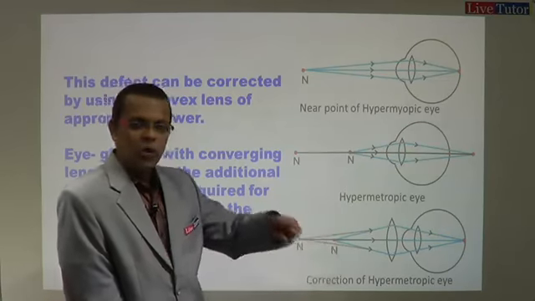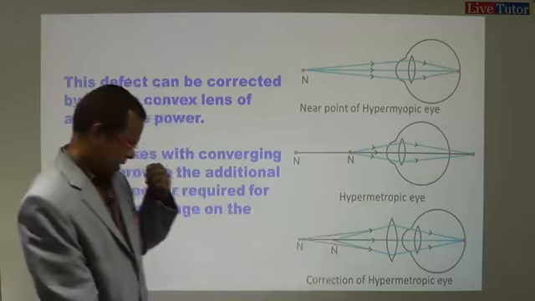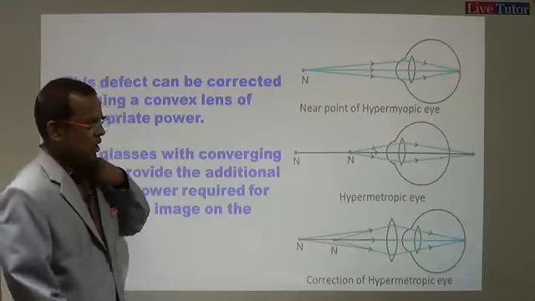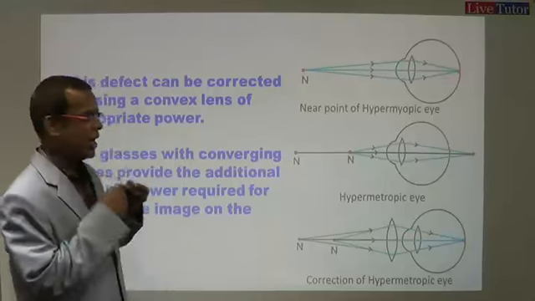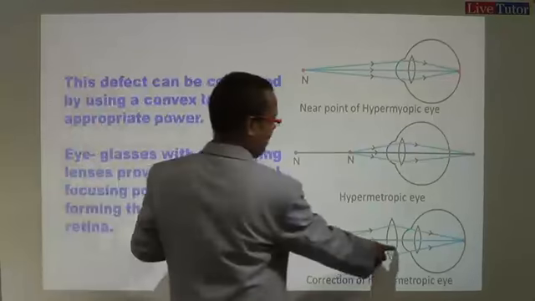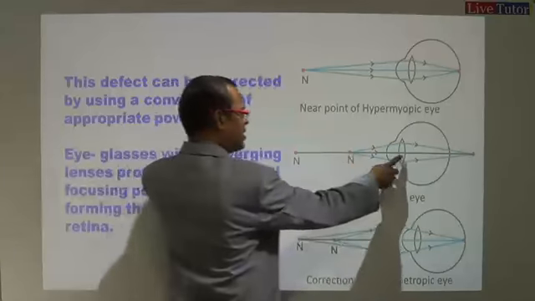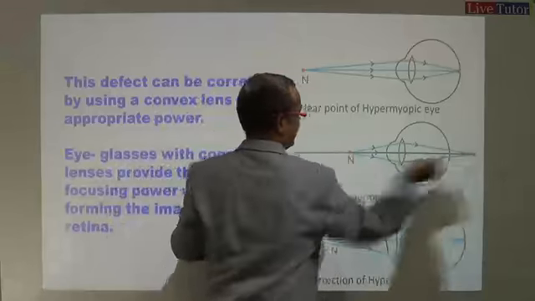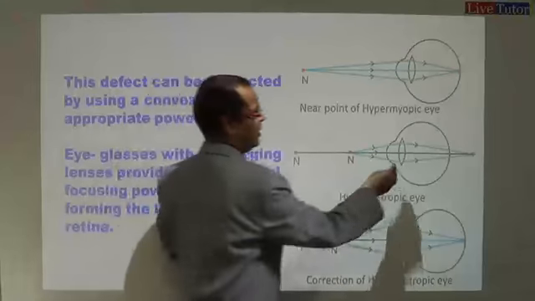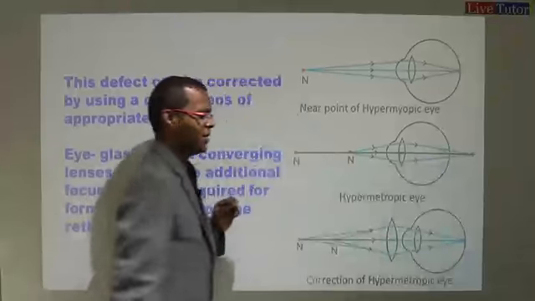Now here is one point you have to note down. This may be useful for you when you are answering multiple choice questions. Here the focal length is somewhat larger, isn't it? Suppose you take for example, the focal length is say 20 centimeters.